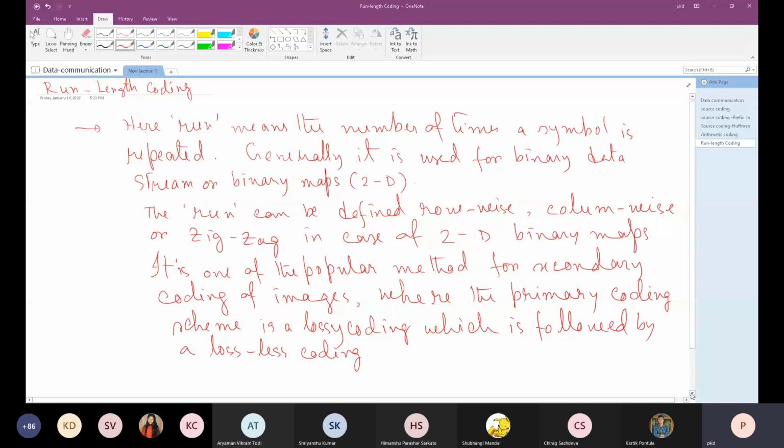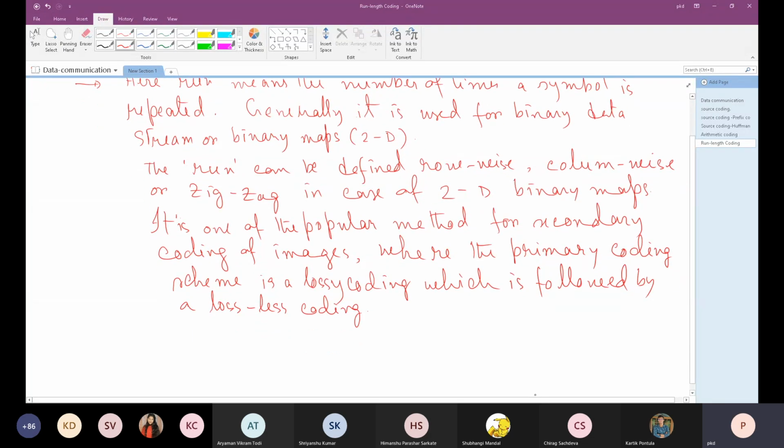We will not go through the lossy coding schemes, though I think one of the important types of coding schemes for source symbols are the lossy coding schemes. That would take a lot of time, so we will not go through this.